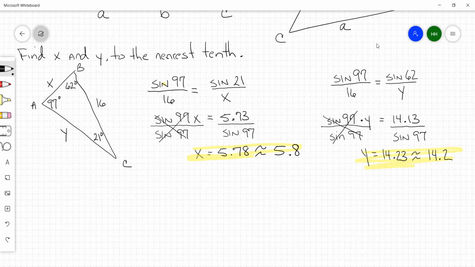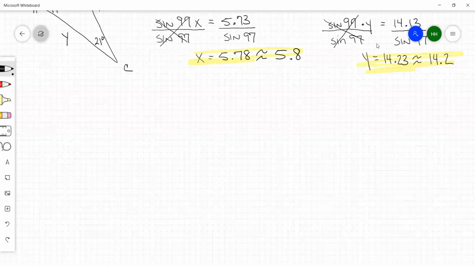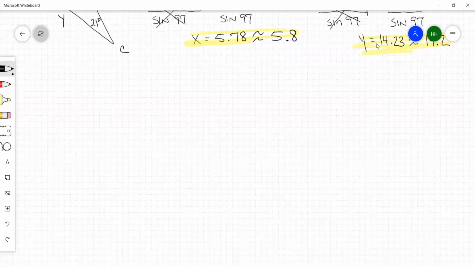So let's do another one. Here's our triangle ABC. Angle A is 78. Angle B is 60.